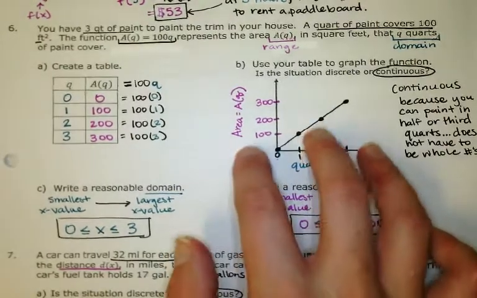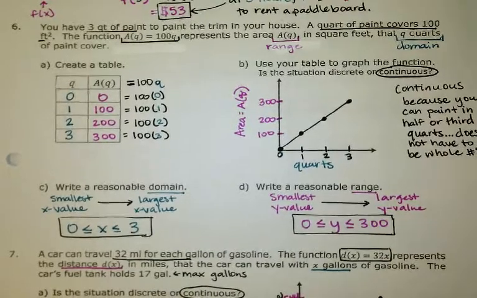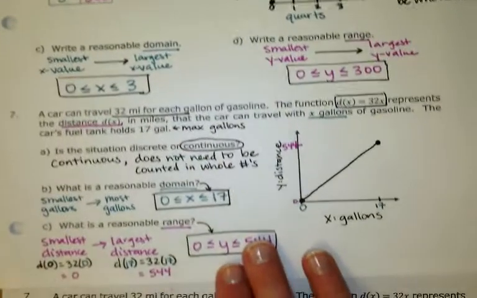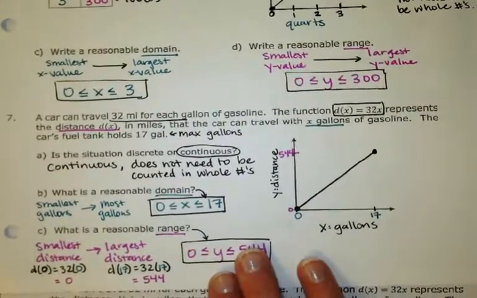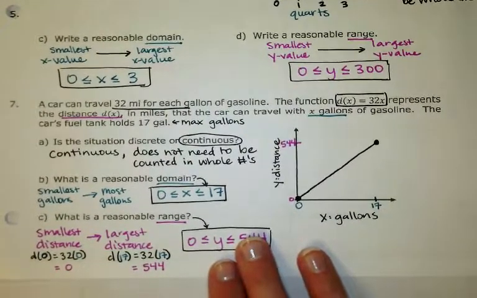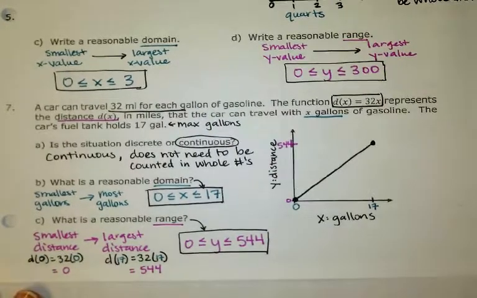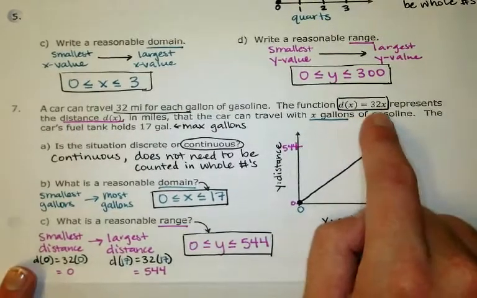Now over here, number 7 is another great example of a continuous function. Okay? Because they show us, first of all, that's really good gas mileage. Right? 32 miles for each gallon. And that is represented by this function, d of x equals 32x. It represents the distance the car can travel with x gallons.